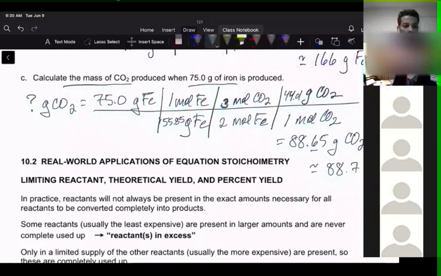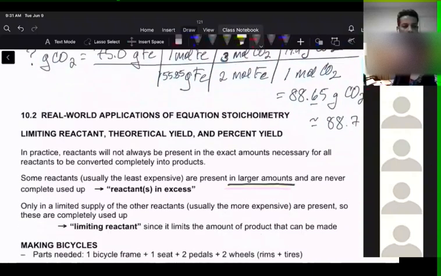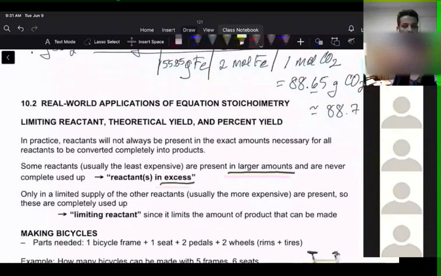If the sugar is limiting, that's going to determine how many cookies you make. The reactants that are available in larger amounts don't get used up, so those will be in excess. So there's some extra. The reactant that gets completely used up is called the limiting reactant.